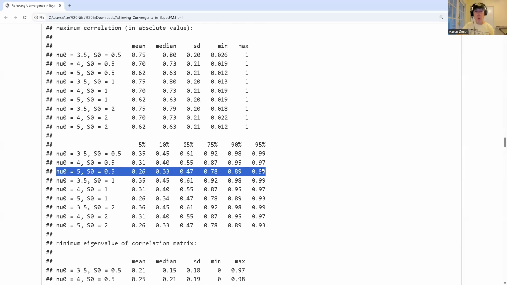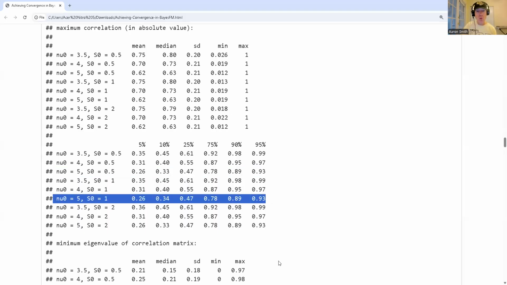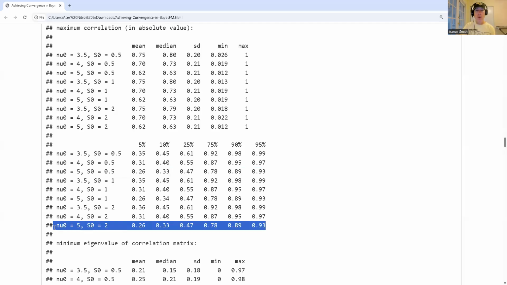I would like to see more of a buffer here, but it's about as far away from 1 as the minimum eigenvalue was from 0. And I go through here, and once again, the same ones are giving me the shift away from the value I don't want. With the minimum eigenvalue, I'm looking at the 5 percentile quantile. With the correlation, I'm looking at the maximum or the 95% quantile.